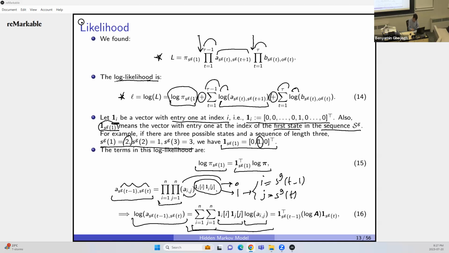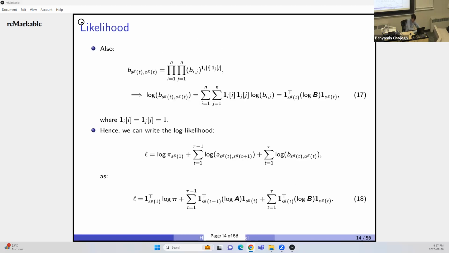Interestingly, I can write this in matrix form as 1_SG_{t-1} transpose log of matrix A times the vector 1_SG_t, right? And what does this mean? The logarithm of a matrix means the logarithm of every element of matrix A, applied element-wise.